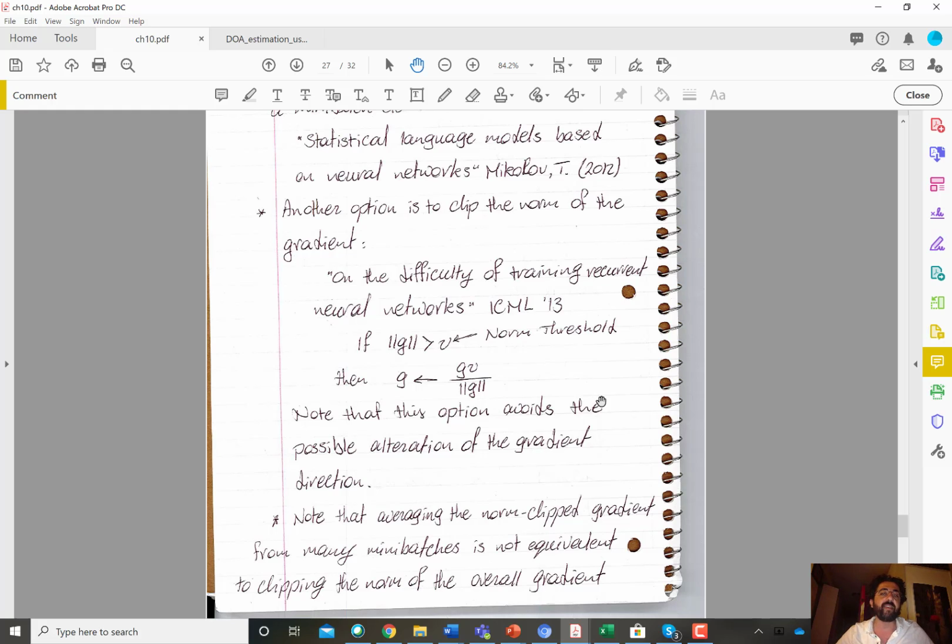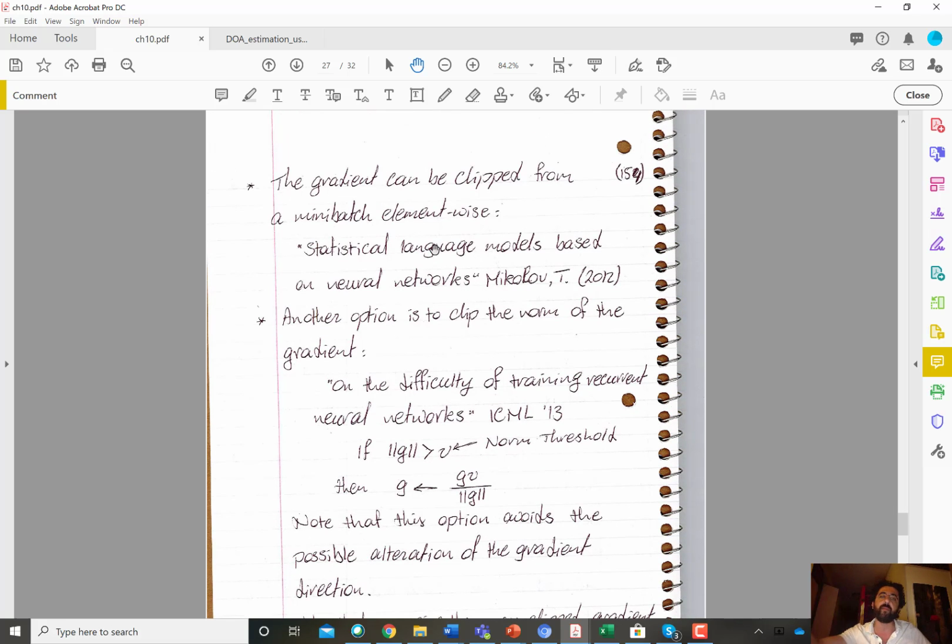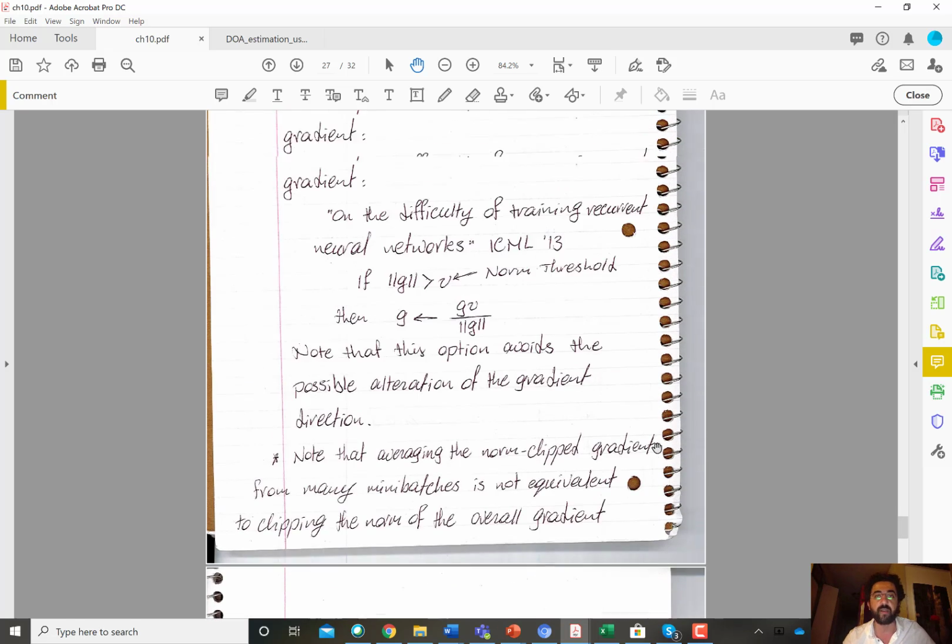So the key is that what matters in practice is to avoid these exploding gradients, even when you replace them by a random step, not necessarily clipping the gradient and maintaining the direction. That's probably why it doesn't matter much if you clip element-wise or clip the norm. But still, this is the empirical evidence so far. The concrete justification is that you should clip the norm of the gradient, and you should be aware that this is rendering the mini-batch estimate of the gradient a biased estimate. It's no longer an unbiased estimate.